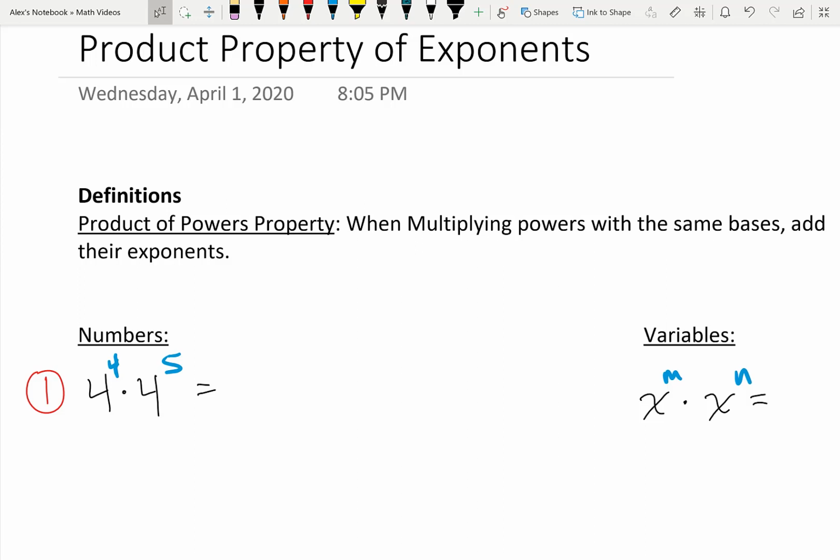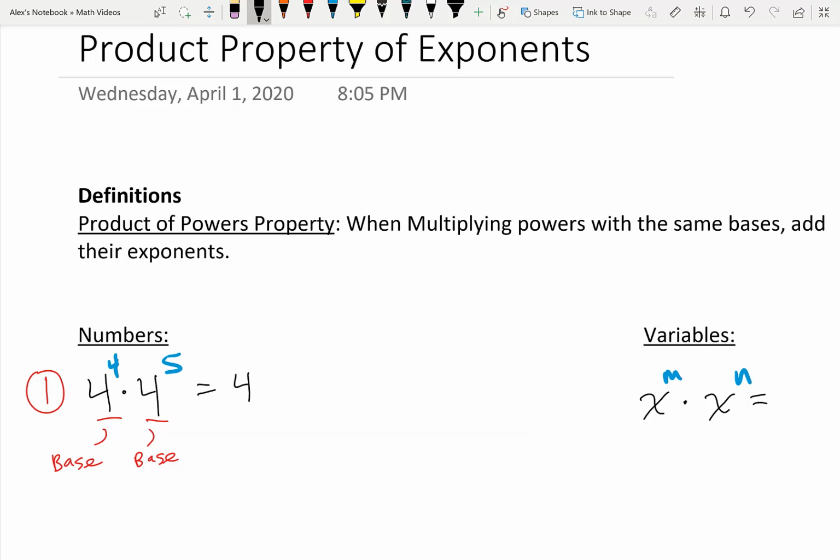Now, first example is something that has the same base, like 4 to the fourth times 4 to the fifth. Which one is the base here? The base is going to be the big number right here, and the blues are going to represent the exponents. Now, the power product property says, what do we do when we're multiplying stuff that has the same base? What do we do with the exponents?